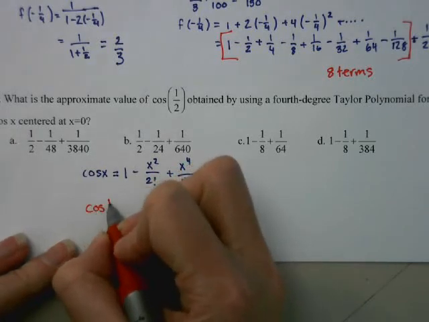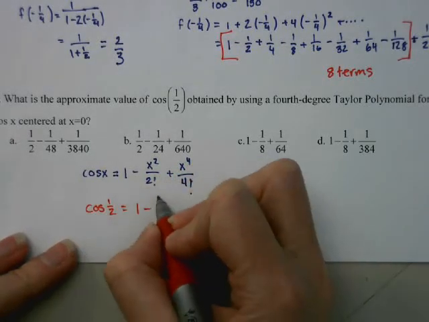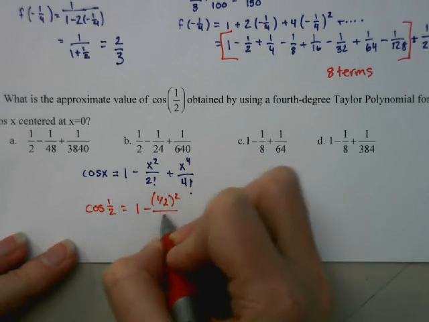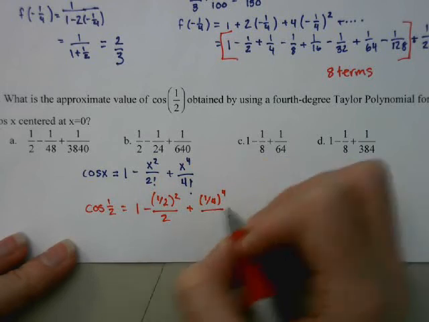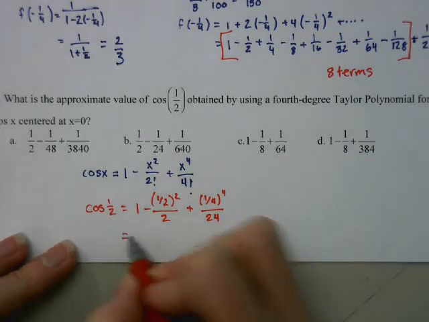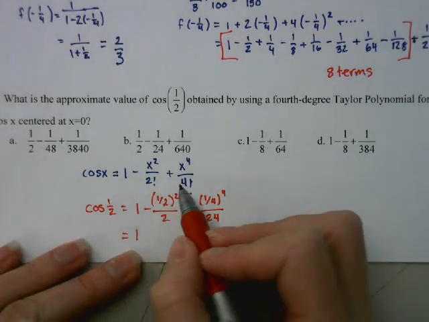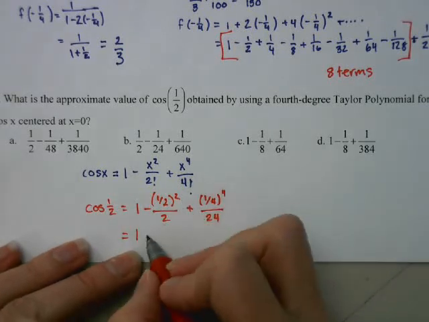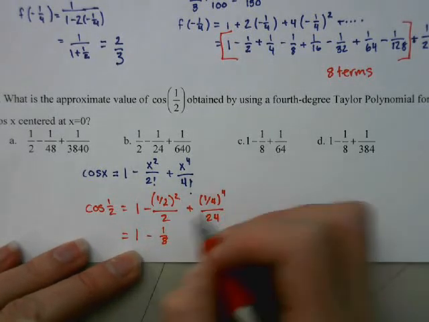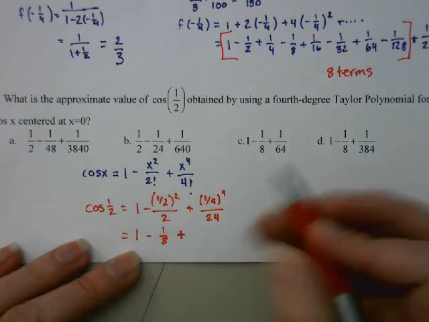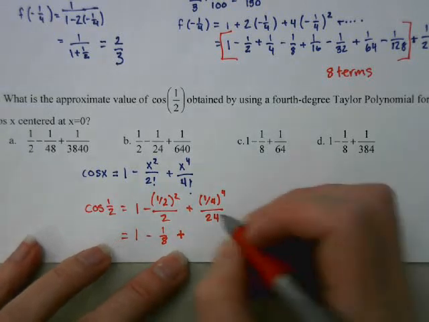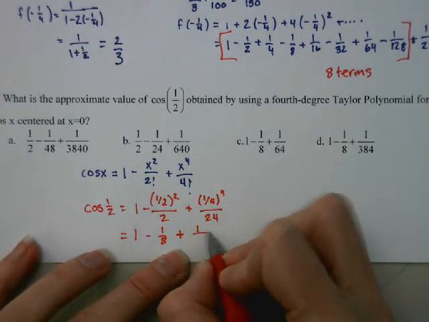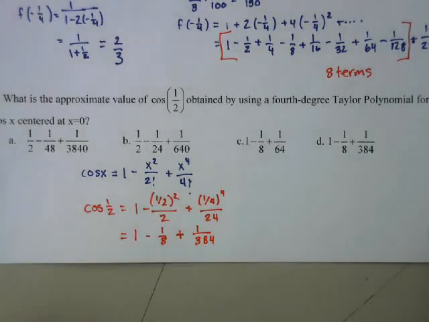So cosine 1/2 would be 1 minus (1/2) squared over 2 plus (1/2) to the 4th over 24, which is going to be 1/2 squared is 1/4 divided by 2 is 1/8. And then you're going to have 16 times 24, which is 384.